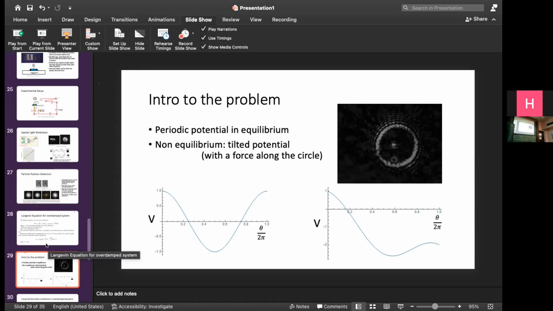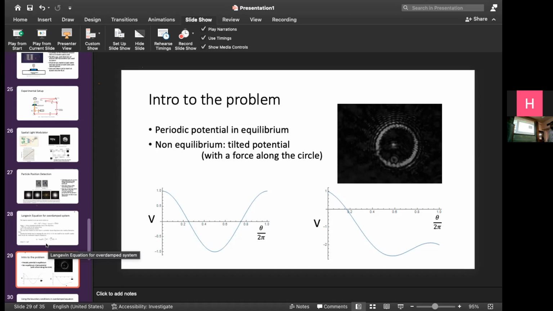But if I want a force along the circle, then I will have to use two lasers ideally, right? One laser will create this circle and one laser will keep on pushing this particle along this circle, which will apply some force. But a Laguerre-Gaussian beam is a special kind of beam which already has these two features built in.